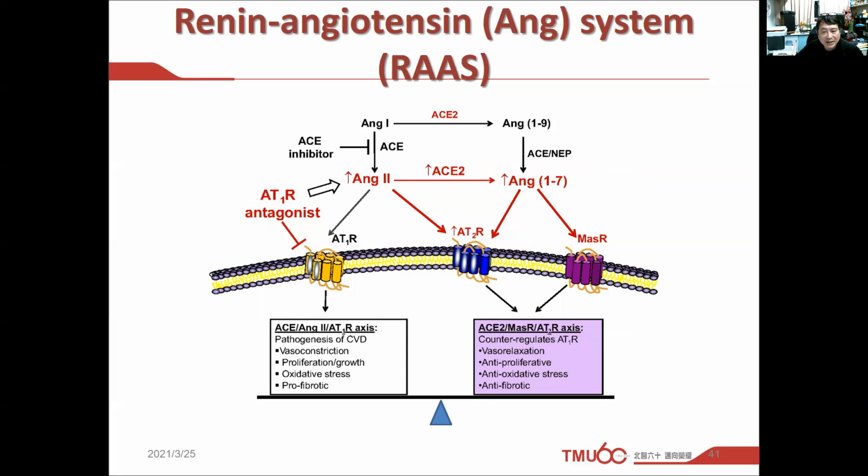You see, this one can increase vessel relaxation, increase the volume, increase the size of the vessel, and has an anti-proliferative function, and also anti-oxidative stress and anti-fibrotic function. So ACE2 is very, very important.